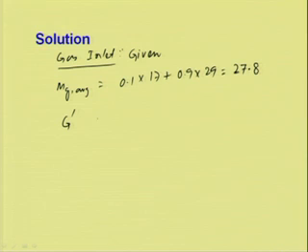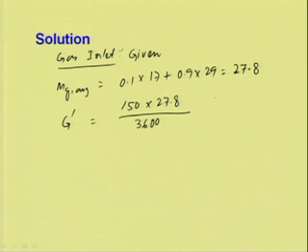The gas flow rate G' is 150 kmol per hour × 27.8 divided by 3600, which is equal to 1.158 kg per second.